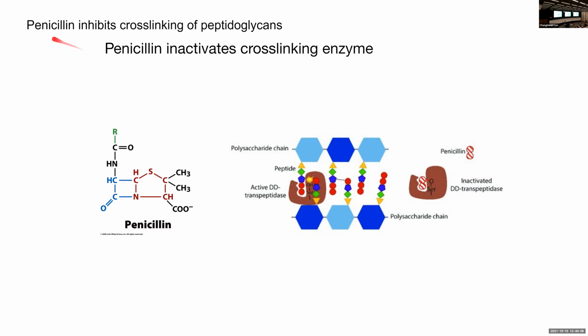But one of the most important scientific discoveries in human history is finding penicillin. And penicillin especially destabilizes this cell wall structure. How it works is that this penicillin, which you can see the molecular structure here, gets inside the active site of this enzyme called DD-transpeptidase.